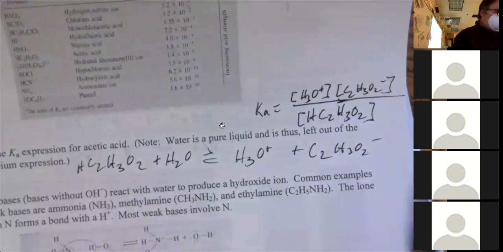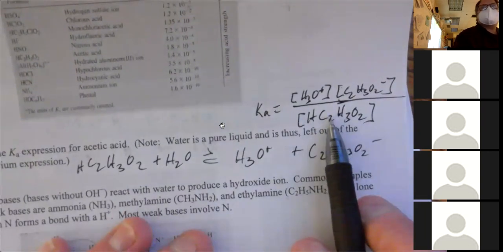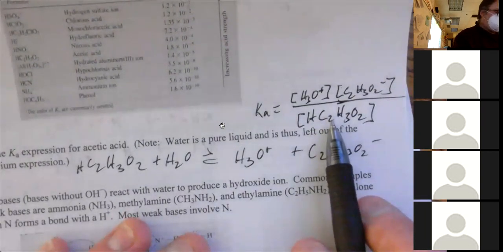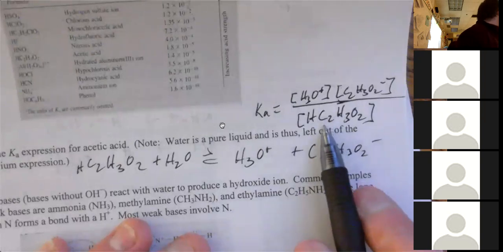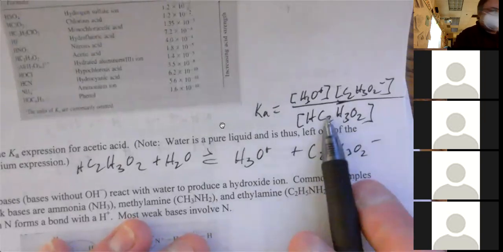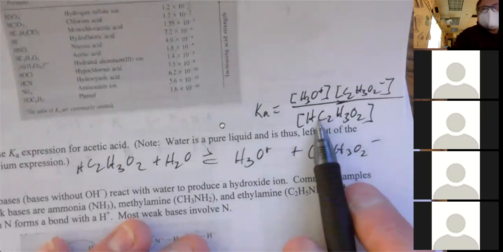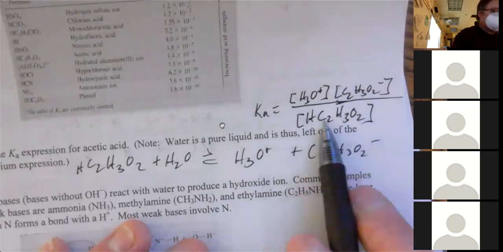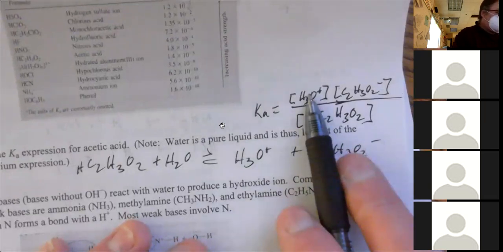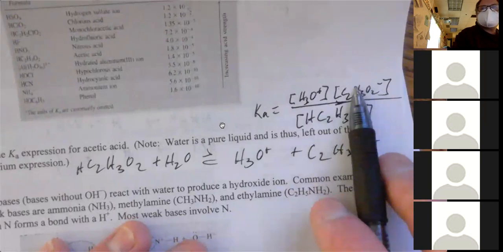So if we were to want to solve for this, basically, we have the concentration of the acid that we're starting with. It will dissociate to give you some type of ratio. The amount of this that is created is equal to the amount of this.